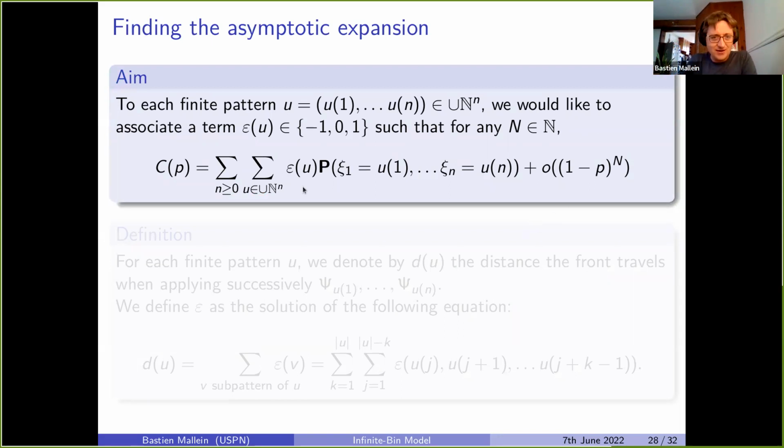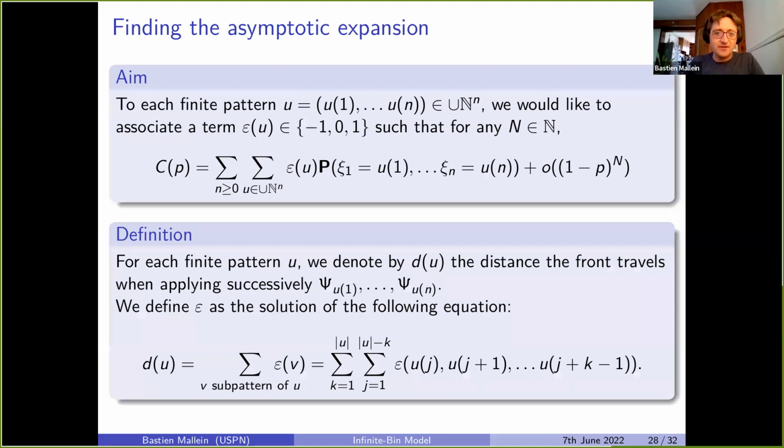We say my function C(p) can be written as a sum over all integer-valued features of some epsilon, which takes values in {-1, 0, 1}, times the probability of observing exactly this feature. And because psi is geometrically distributed, this probability is just a polynomial. So up to rearrangement of terms, you will see an entire series in 1-p.